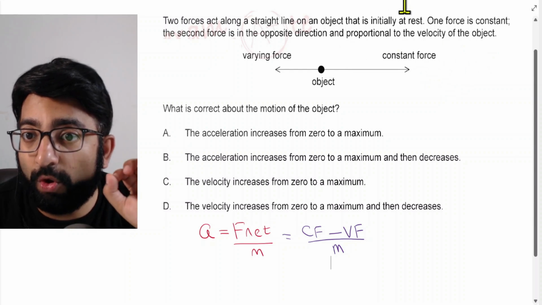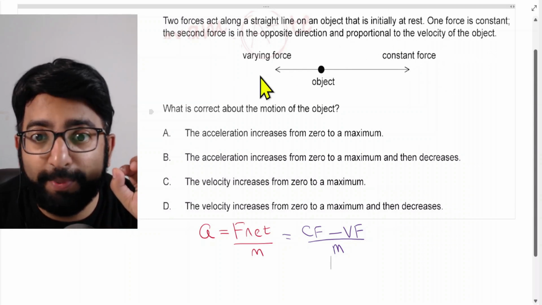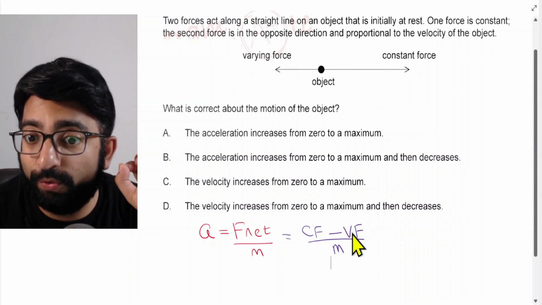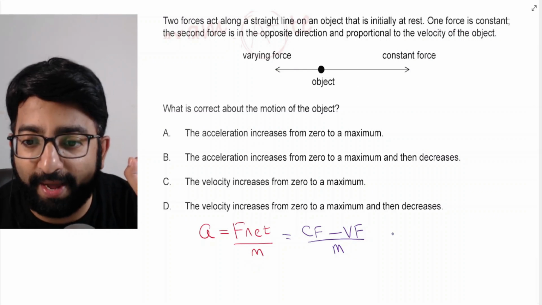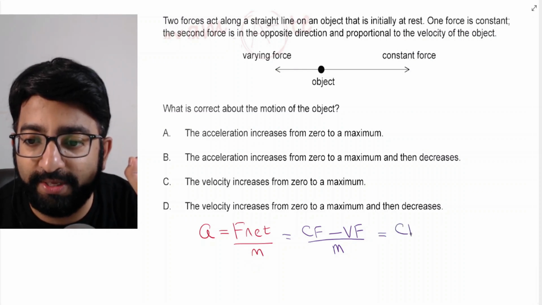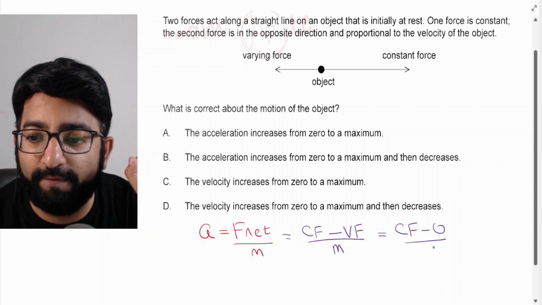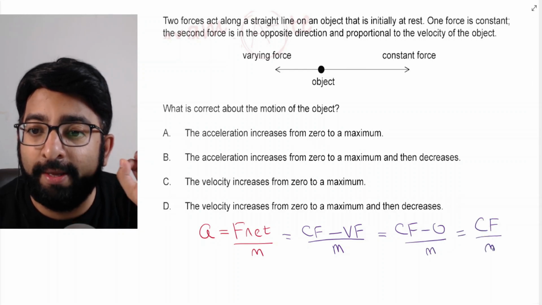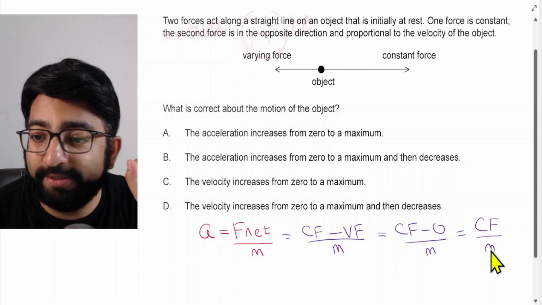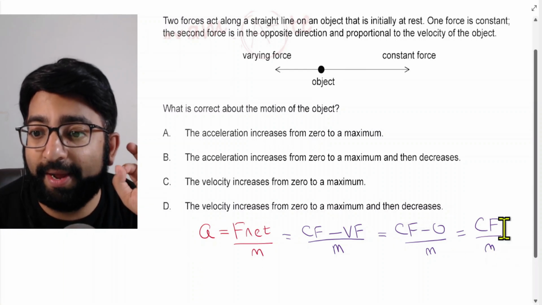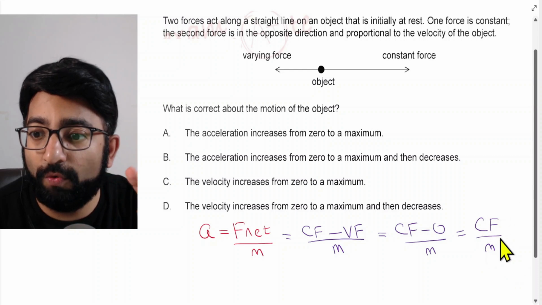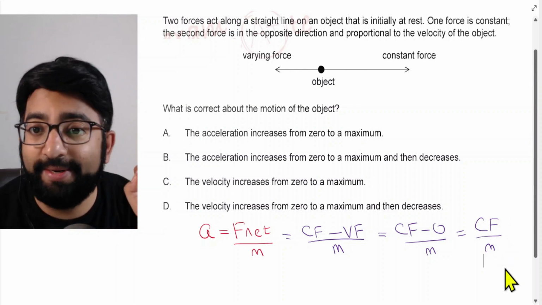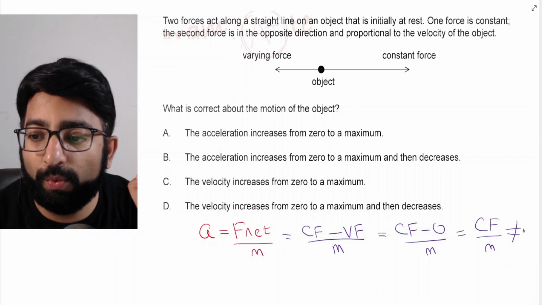If the object is not moving initially, there will be no varying force. So I can write acceleration will be equal to CF minus 0 divided by m. This will be equal to CF upon m, which means the value of acceleration is a non-zero number as it is equal to the constant force divided by m. This will definitely not be equal to 0.